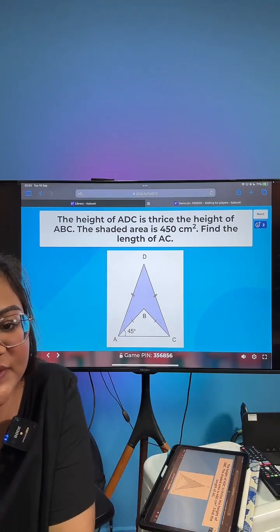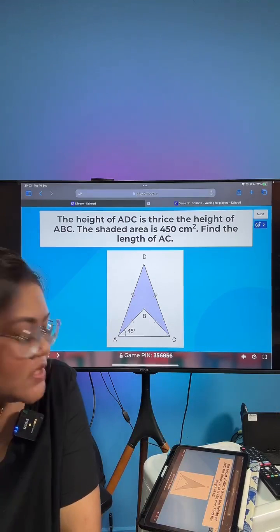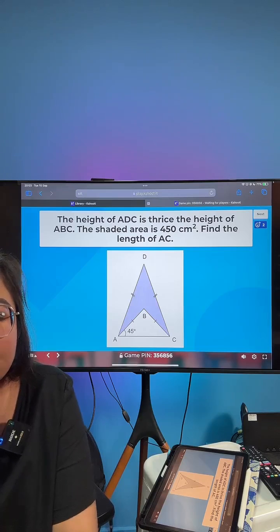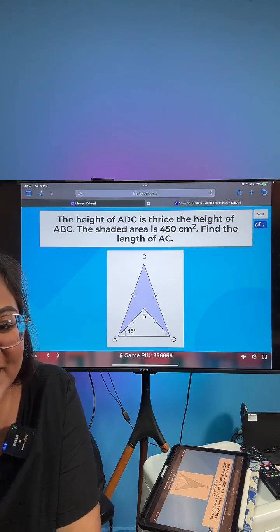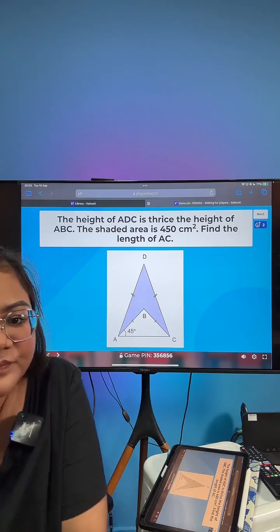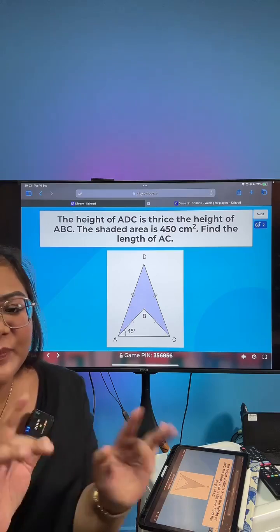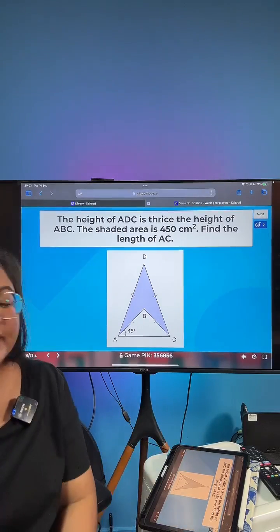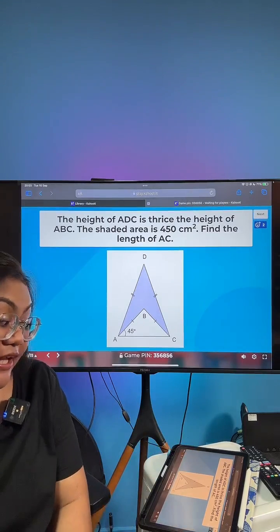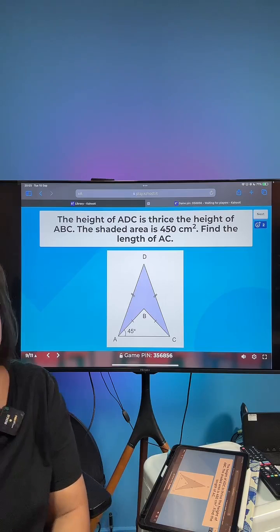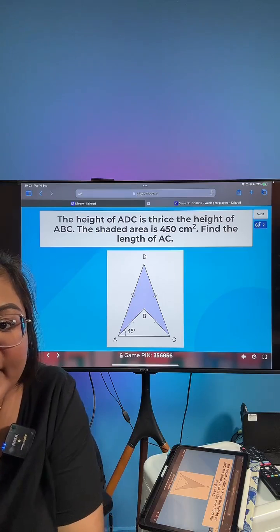So, how do we solve this question? Anybody knows how to solve this question? Any ideas? Can you type it in the chat, please? We are given the shaded area, but we are asked to find the length of AC. How do we do that?